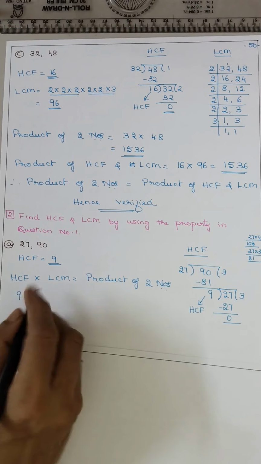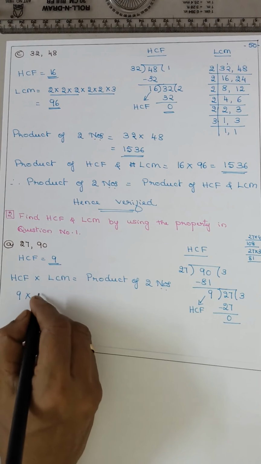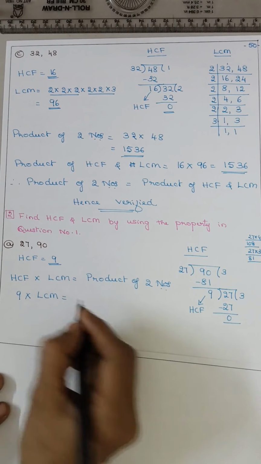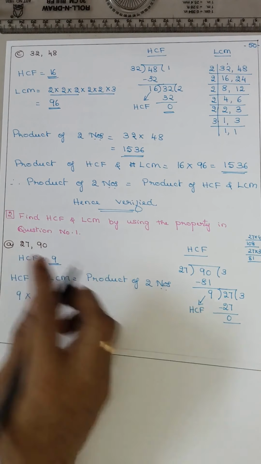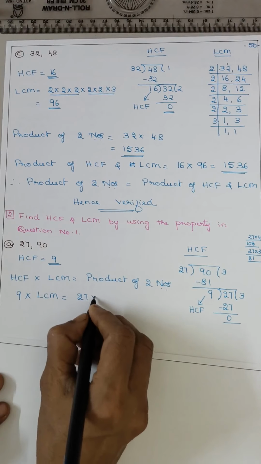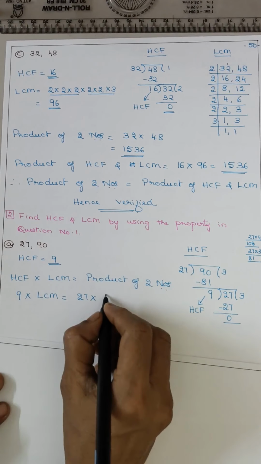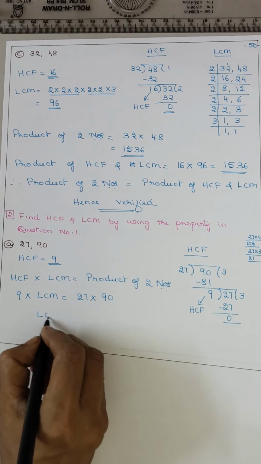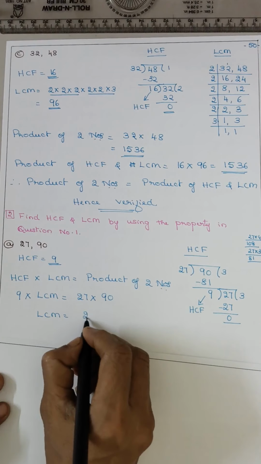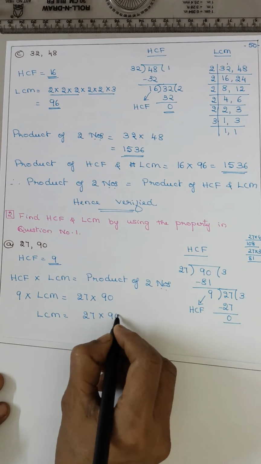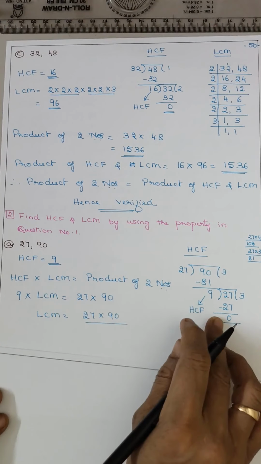HCF we got 9, LCM is not known. Product of two numbers: one number is 27 into 90. So LCM is equal to 27 into 90 upon 9.